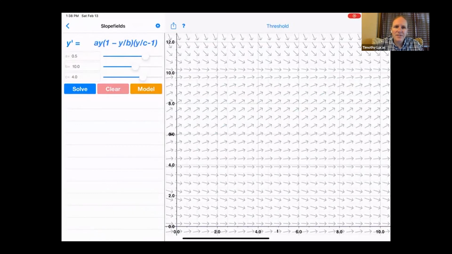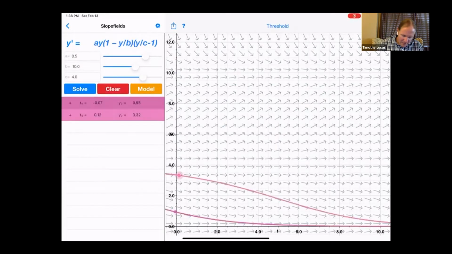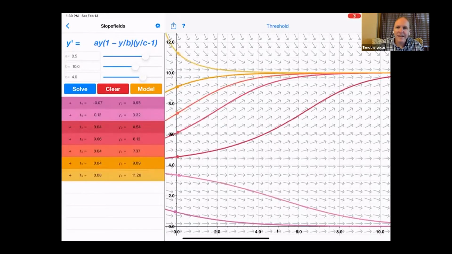Describe the behavior of solutions for various initial values. So they'll put some different initial values on the screen. What are the equilibrium solutions here? And then use the plot to describe the stability of the equilibrium. Then I ask them to interpret this new parameter C that I put on here. I've got this new threshold term, y over c minus 1. What is C all about?